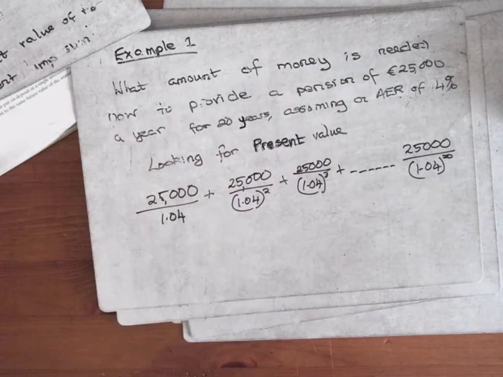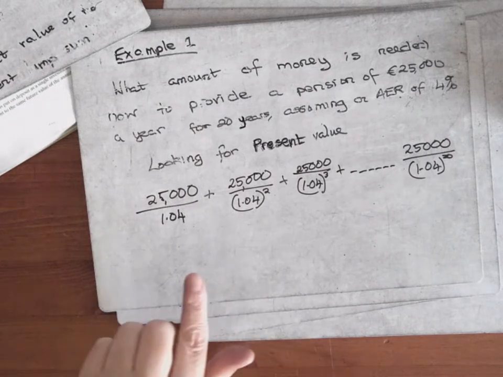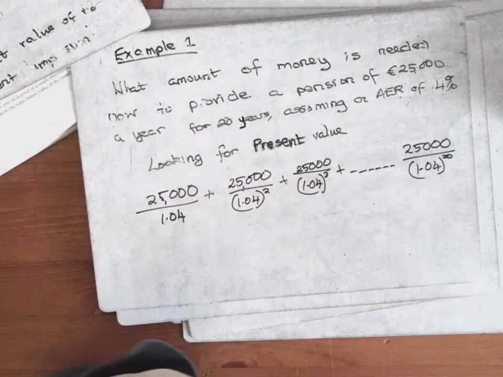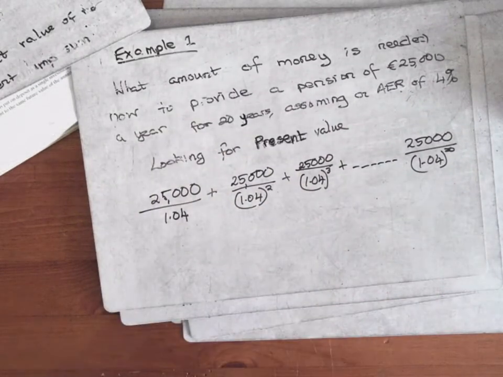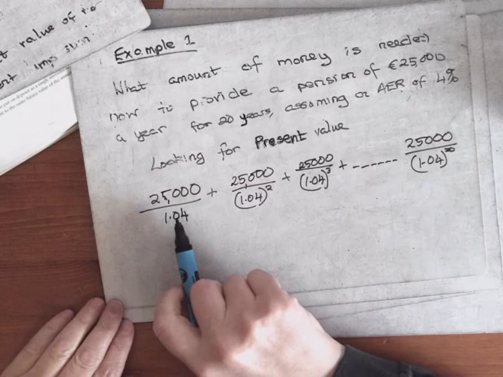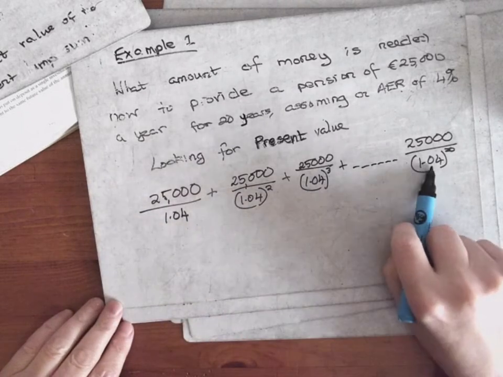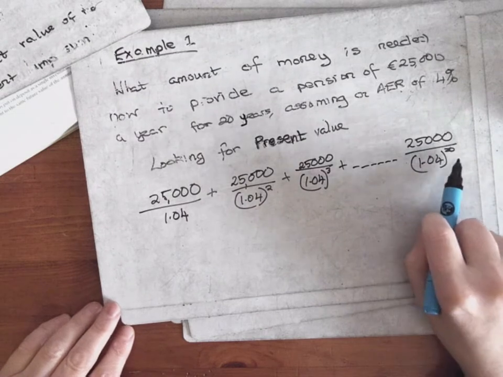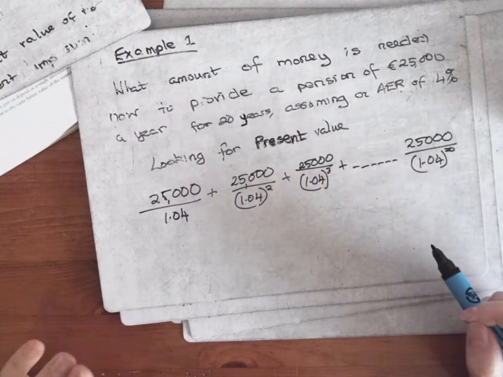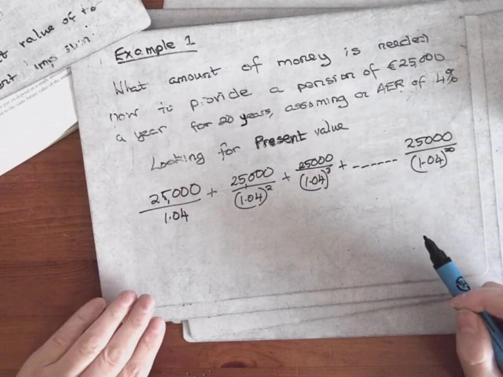So I want to know how much I need to have in my pension account before they can start paying me out. They're going to pay me interest on the money in the account, so I'm going to take off the interest every year. For 1 year, 2 years, 3 years, the last 25,000 is going to have 20 years' interest on it, so I'm going to take 20 years' interest off it to know how much I need to have in an account.